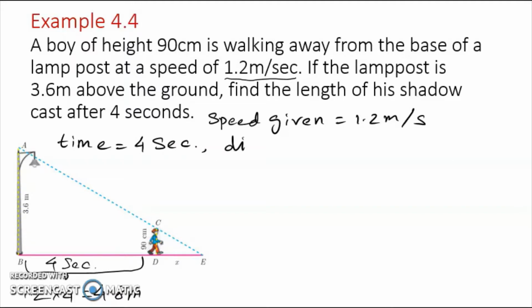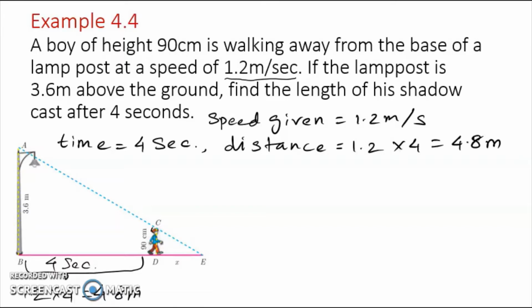And the distance he has traveled is 1.2 into 4, that is 4.8 meters. Okay, now what we're going to do is we're going to take these two triangles. They're similar triangles. You can see that they're similar triangles because this is parallel to this. So we have seen earlier that if this line is parallel to this line and it's inside, then these two triangles are similar.